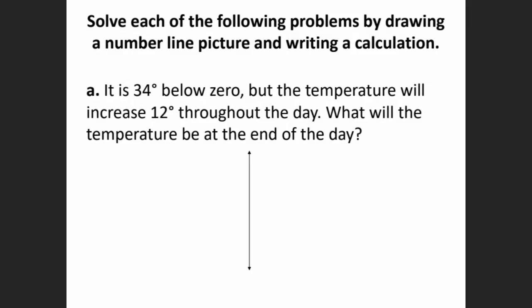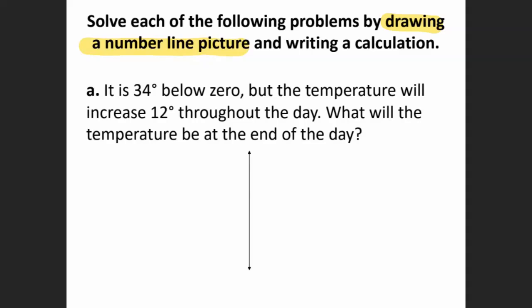Now, drawing this number line may be part of the instructions. Sometimes they're going to give you a number line. Sometimes there's no number line. They're just going to ask you to write the calculations. But seeing this is easier to understand why we're going to get what we get.